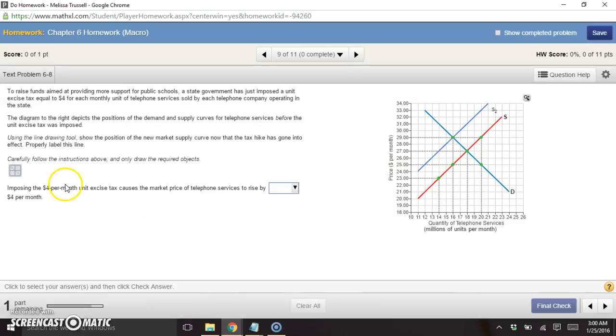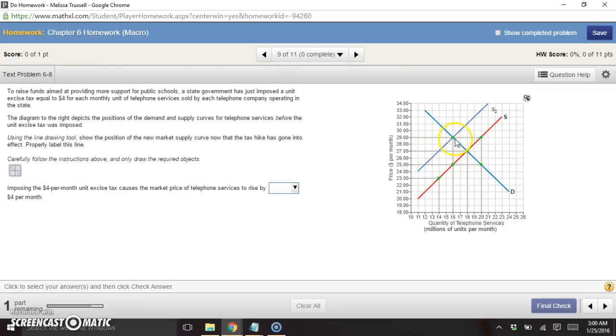Now, next the question wants to know, imposing the $4 per month excise tax causes the market price of telephone services to rise by exactly, more than, or less than $4 per month. And to see the answer here, we just look at our new equilibrium price. So before, with our old supply curve, which is the red one, the equilibrium price, which is always where supply and demand cross, was at $27.